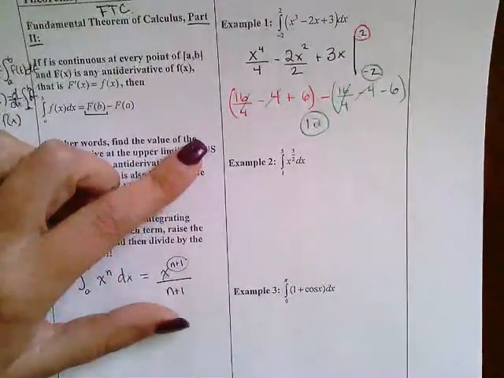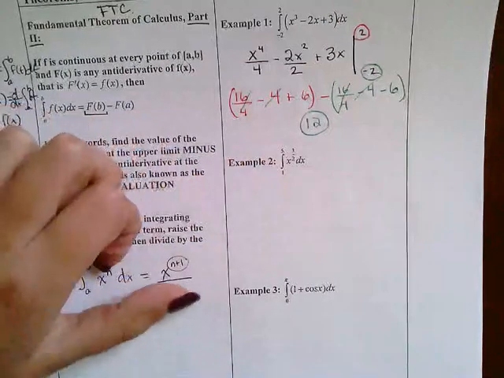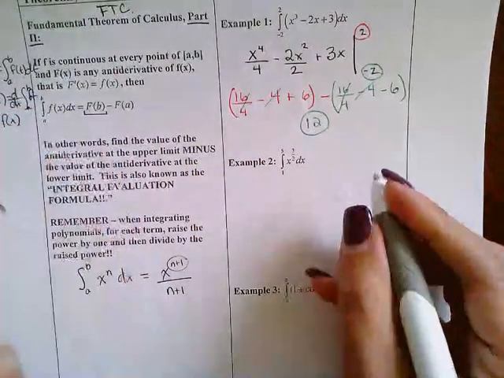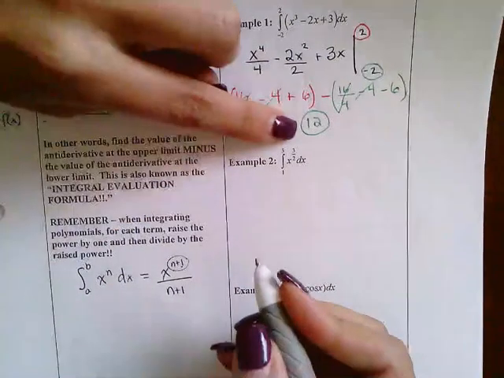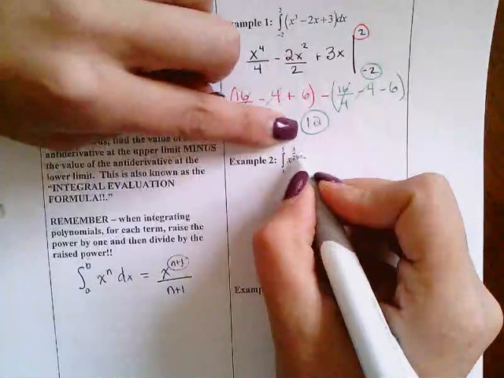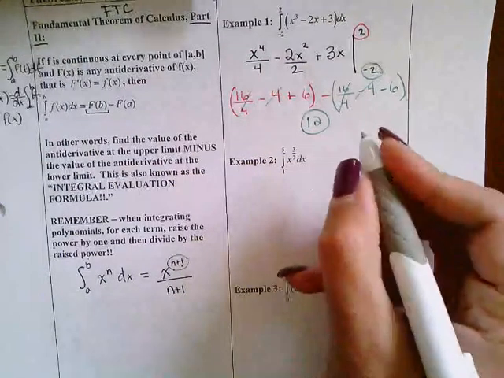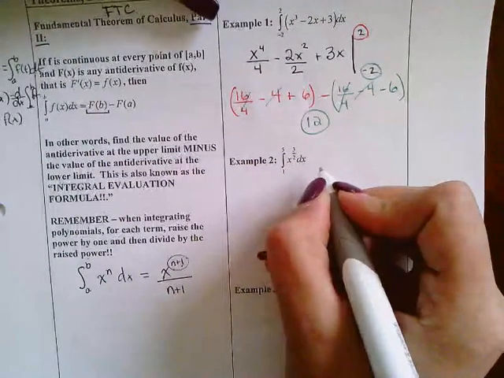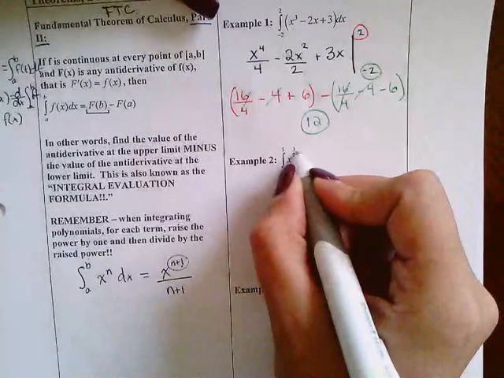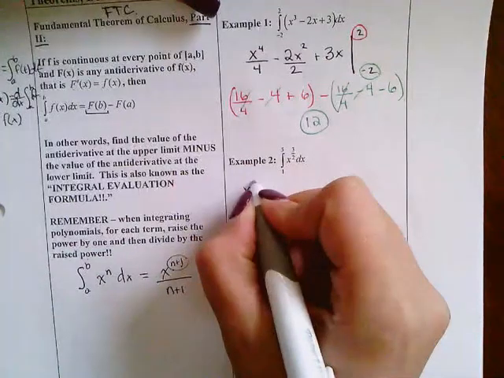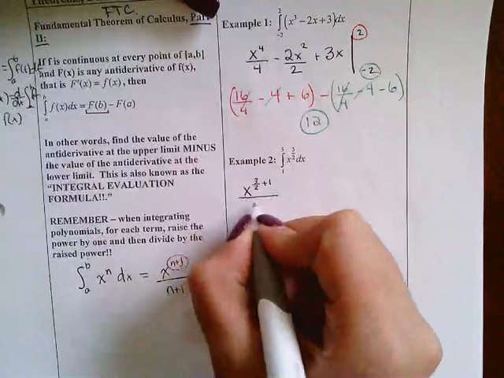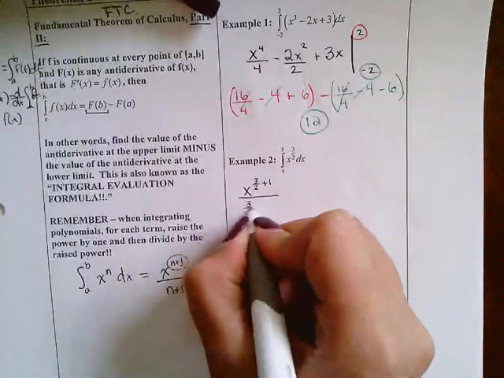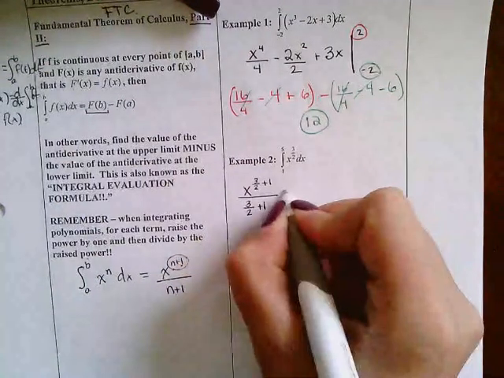The second one is, what if we had a radical? It's still the same rule. You're still going to add 1. Now the difference is when we add 1 to 3 halves, we have to do so as a fraction. Basically here we're doing x to the 3 halves plus 1 over whatever 3 halves plus 1 is.